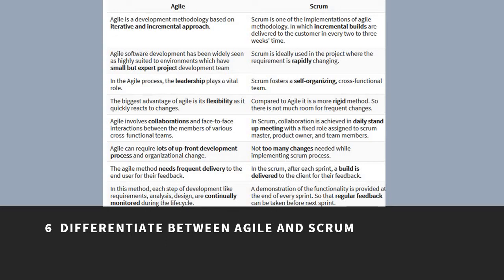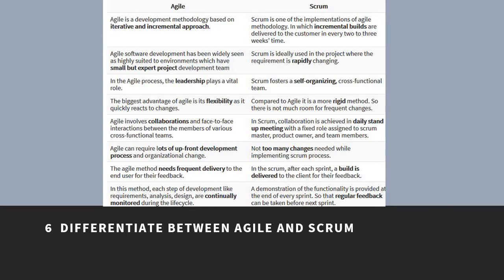Agile involves collaborations and face-to-face interactions between the members of various cross-functional teams. In Scrum, collaboration is achieved in daily stand-up meeting with a fixed role assigned to Scrum Master, Product Owner, and team members.